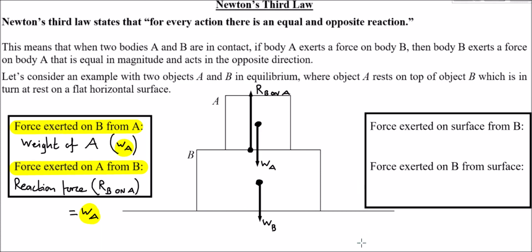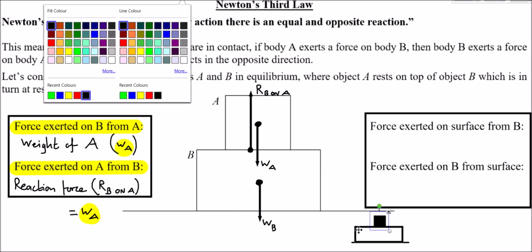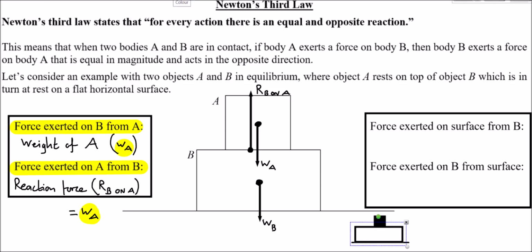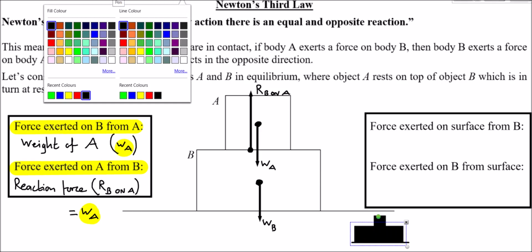So if I just consider this as just one particle, just for a moment. Okay, so that's A, and then I'll do B sat on top. This isn't meant to be to scale. I suppose you could argue it looks nothing like in terms of size of these questions, but never mind. I'm going to consider this as like one whole object. So I'm going to call this here AB.